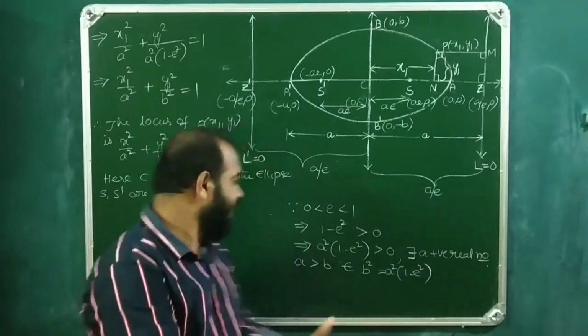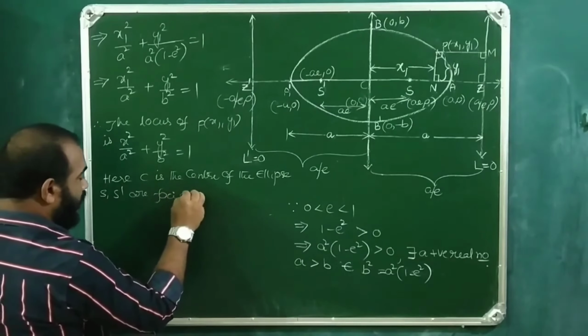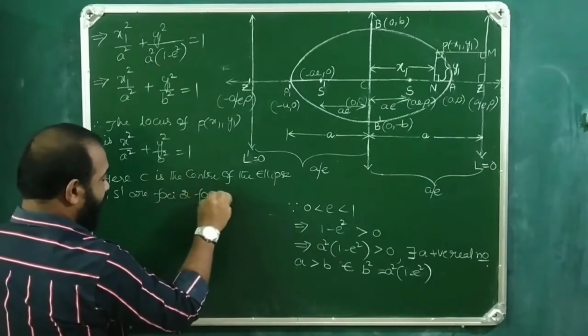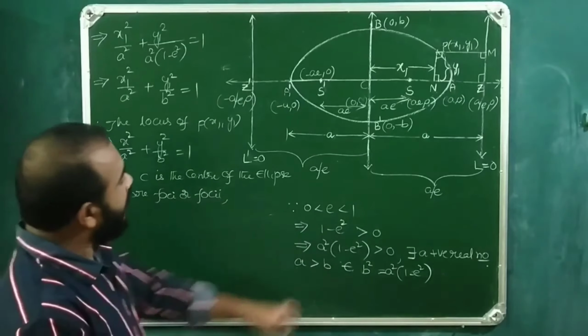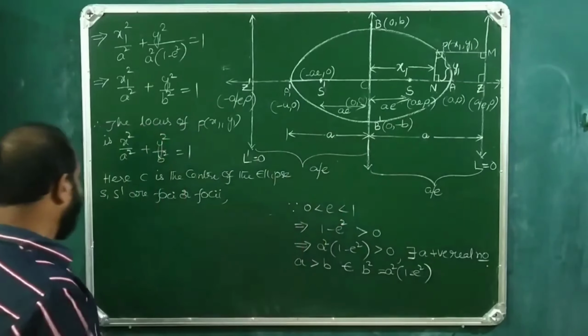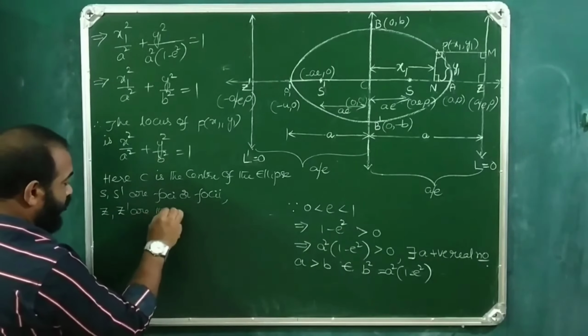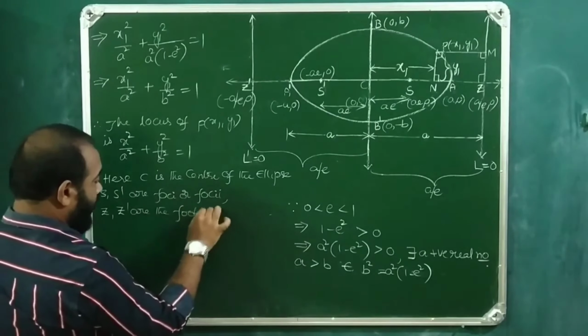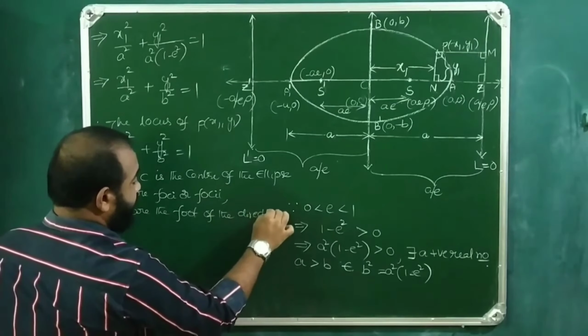S comma S dash are foci. Next, Z comma Z dash are the foot of the directrices.